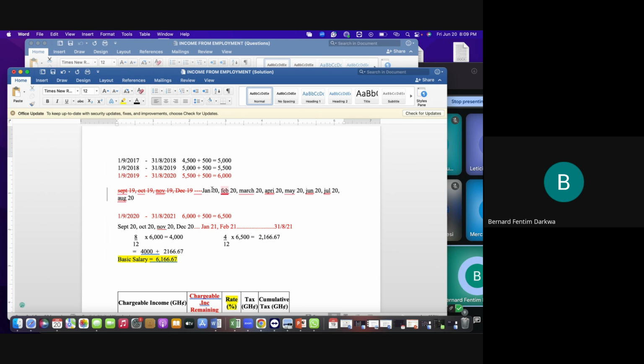So now you are getting January 2020, February, March, April, May, June, July, August 2020, September 2020, October 2020, November, December 2020. Now 12 months. All 2020. Do you get it? Yes, sir. So that is how we got the answers.